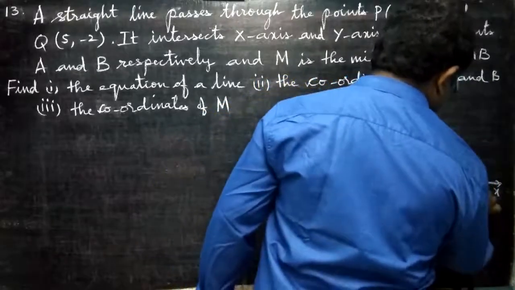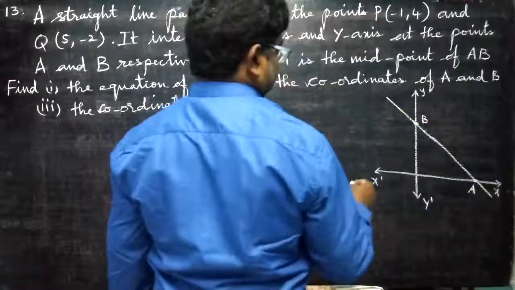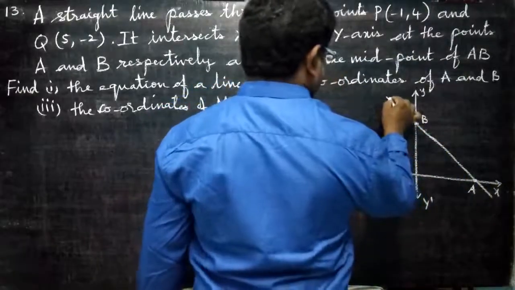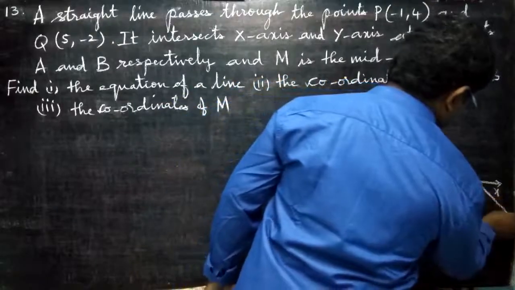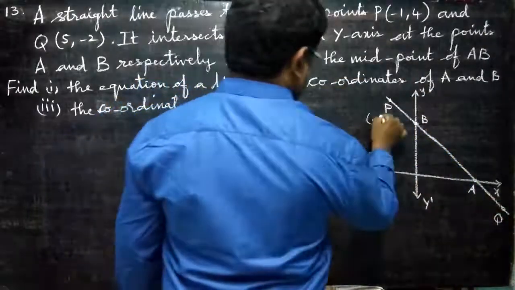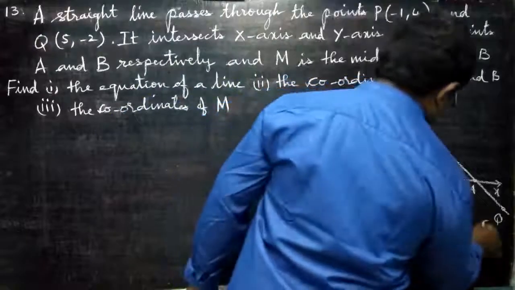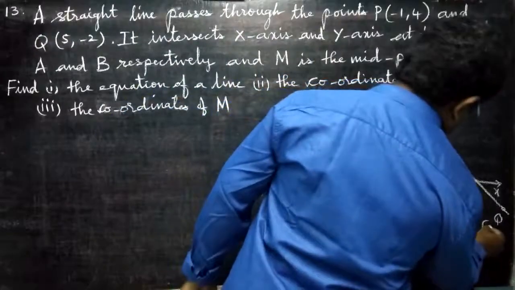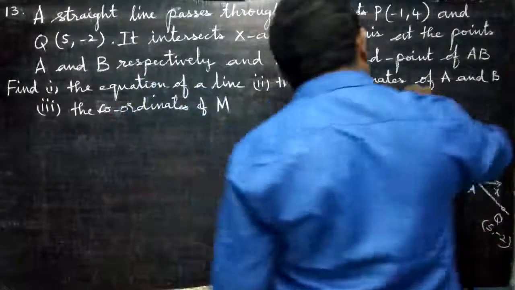On x-axis A, on y-axis B. Here is one point P and here is another point Q. P they have given minus 1 comma 4 and Q they have given 5 comma minus 2. Now you can understand clearly.